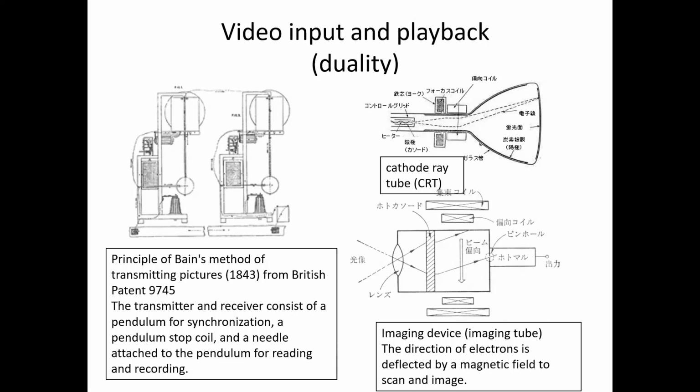But the television system is not like that. A television system initially was required to capture something, and at the same time people wanted to see it from a farther away position. For example, if there is a capture system in Tokyo, you want to see what's captured in Tokyo here in Fukuoka.